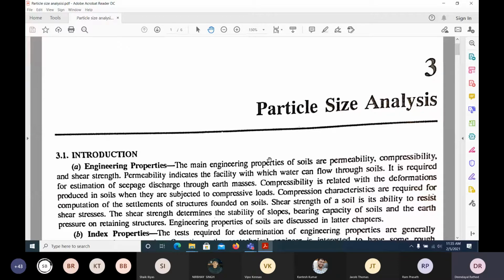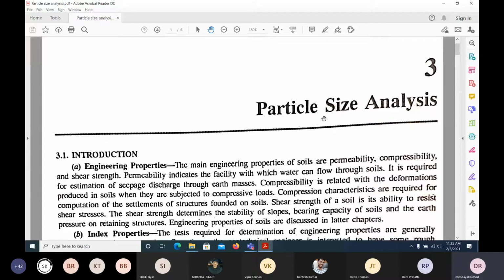And that can be silt or clay. Yesterday we discussed the coarse grained soil, which is retained on the 75 micron sieve. Today we will discuss coarse grained soil only, and maybe in the next class we will discuss the fine grained soil, which passes through the 75 micron sieve. That is very complicated.